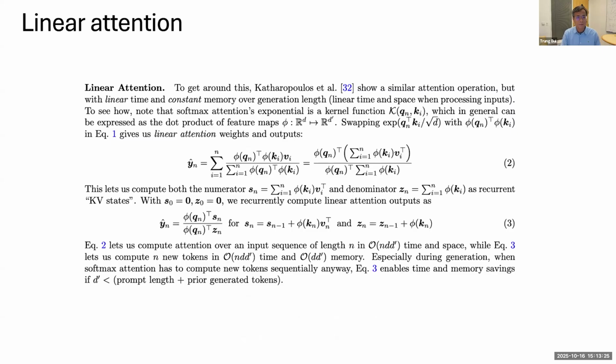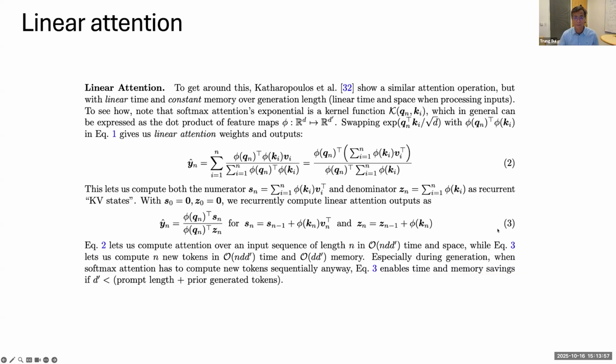Then a few years ago, there was a work that proposed to replace the softmax attention exponential with a kernel function, so that we can reduce the inference time.